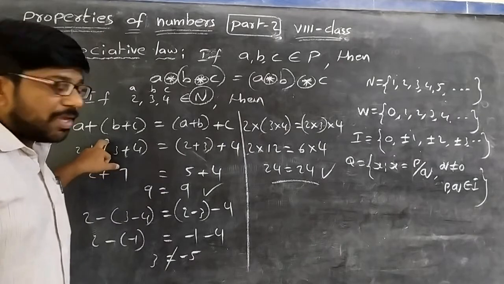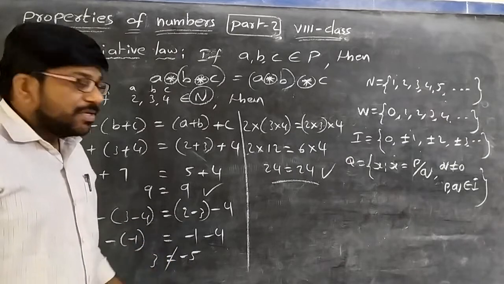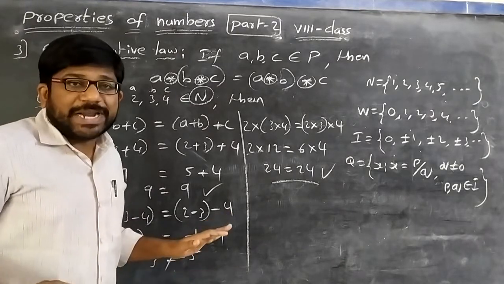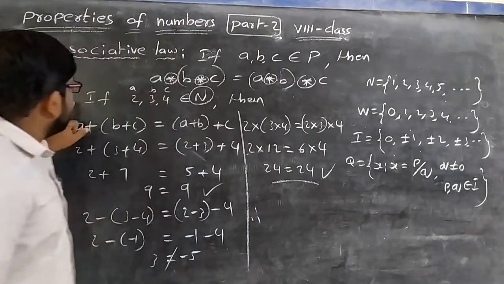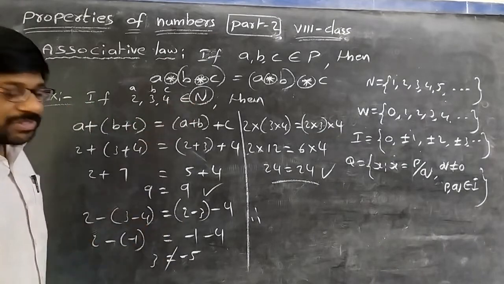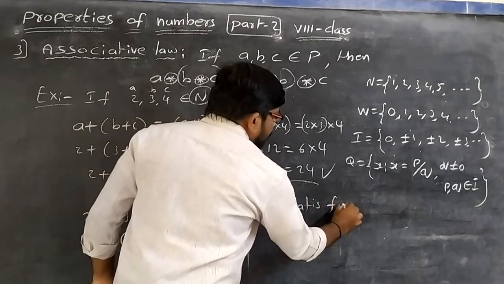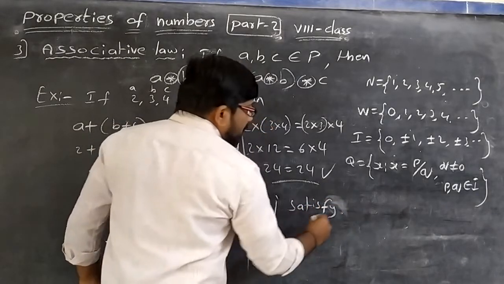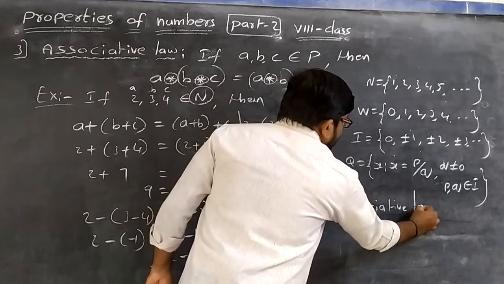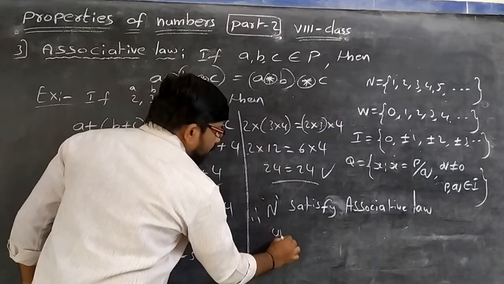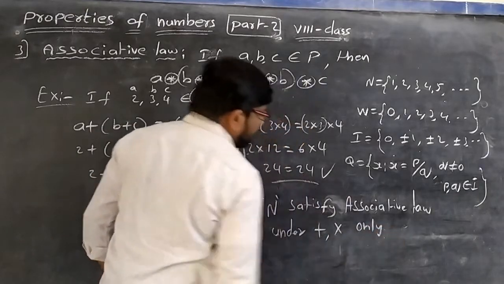See, under addition okay, multiplication okay, but not in subtraction because it is reversal. So under division also it is not satisfied, right? So therefore, the set of natural numbers N satisfies the associative law under plus and into only, right?